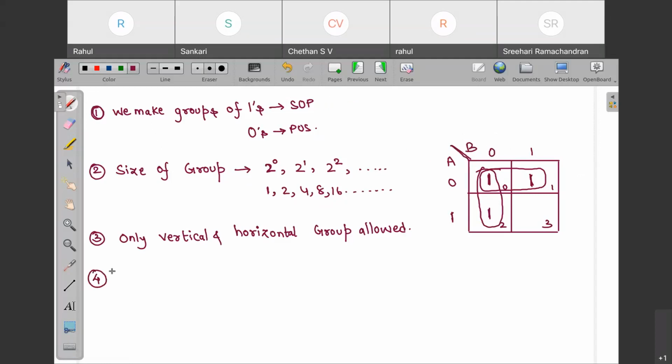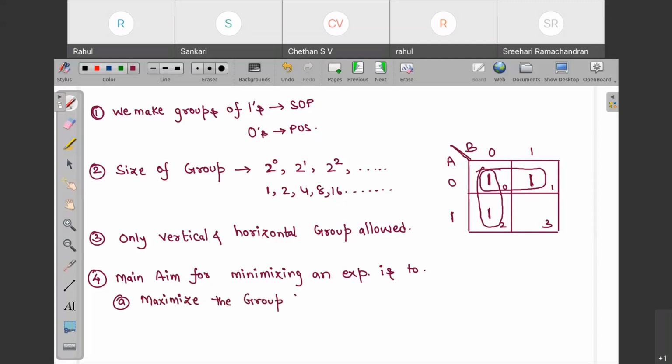Fourth point, our main aim for minimizing an expression is to maximize the group size.